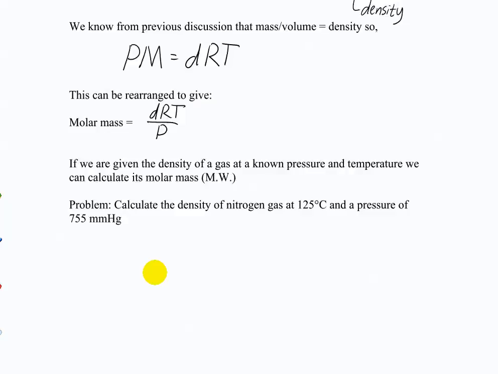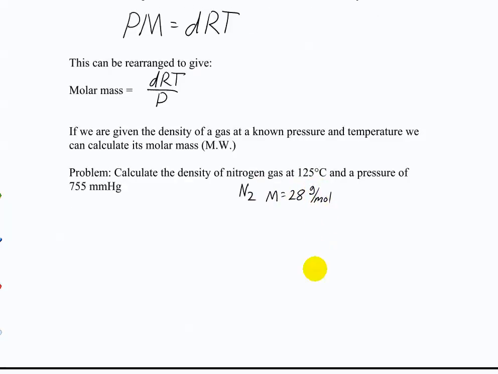28, right? Nitrogen gas is N2. So the molar mass is 28 grams per mole. We can then use that in the previous equation. M equals dRT over P. Or that can be rearranged, right, to say d equals MP over RT.